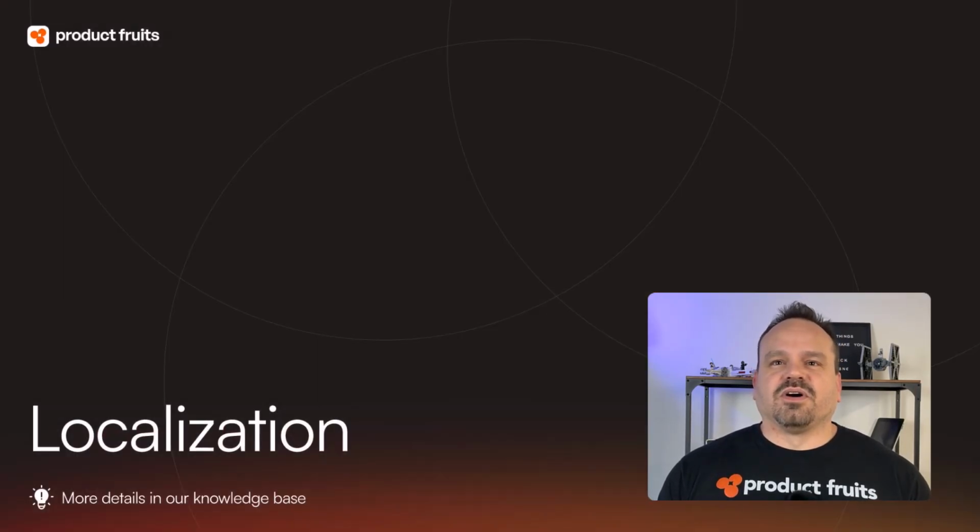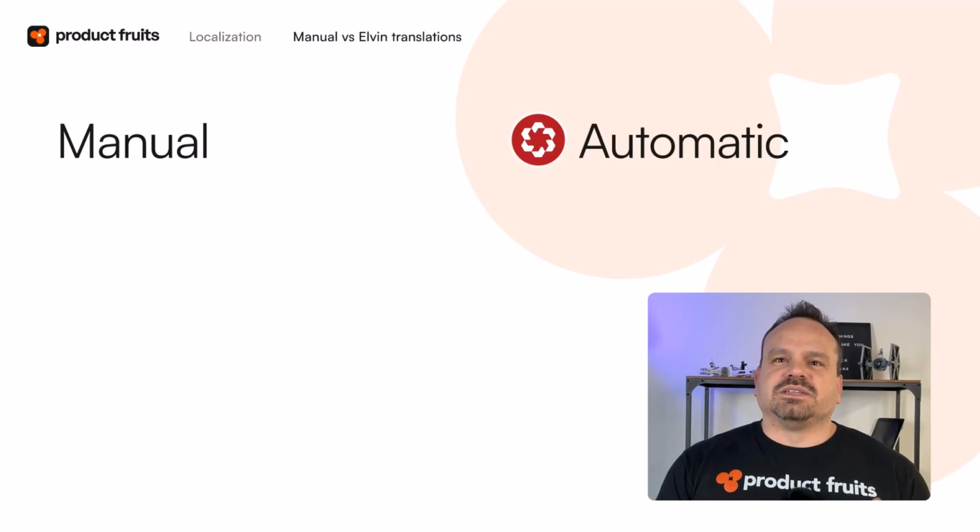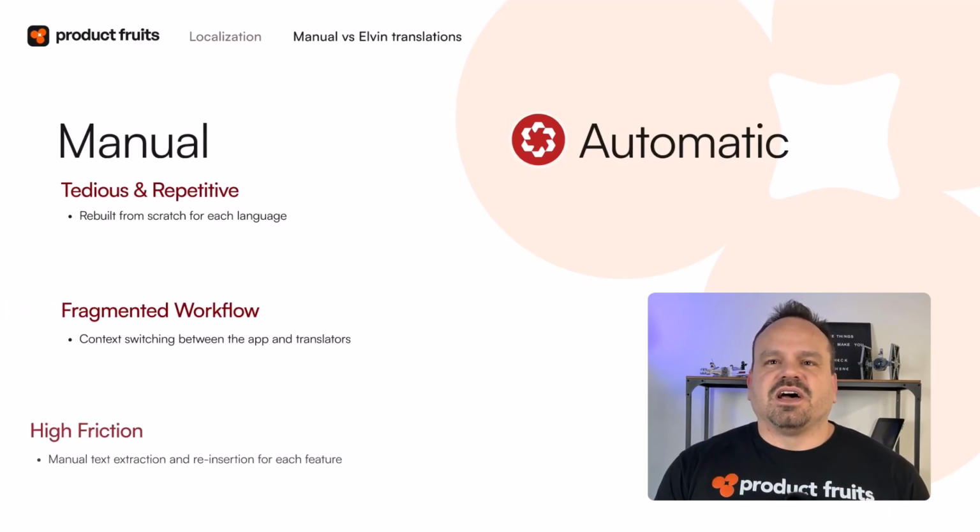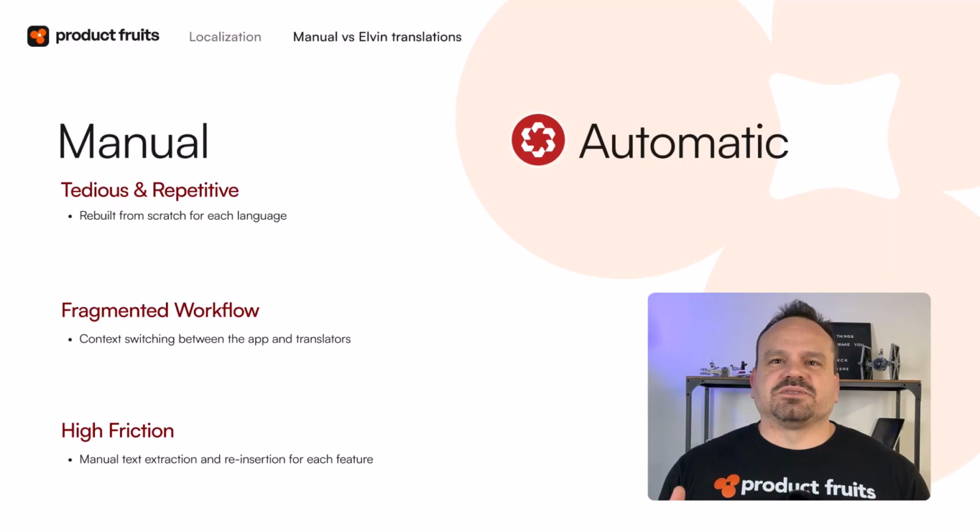Localization. We all know that localized onboarding is critical for smooth adoption, but the manual effort often required makes it a secondary priority. Why? Because it's a tedious, repetitive manual workflow. These manual translations are the major bottleneck because they force you to recreate the entire feature, layout, and text for every new language and content you add.